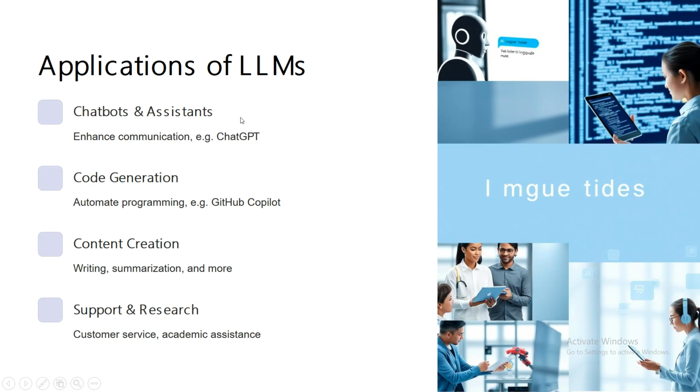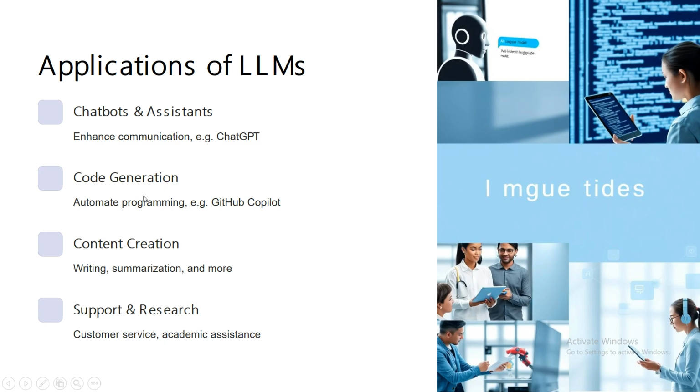Applications of LLMs. LLMs are used in chatbots and assistants. An example is ChatGPT, which enhances communication. We can ask anything. ChatGPT is one kind of LLM model. Behind that, an LLM model works. Whatever we ask in ChatGPT, the LLM takes it in text format and gives output to us.